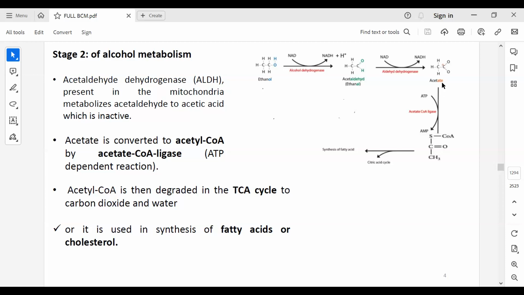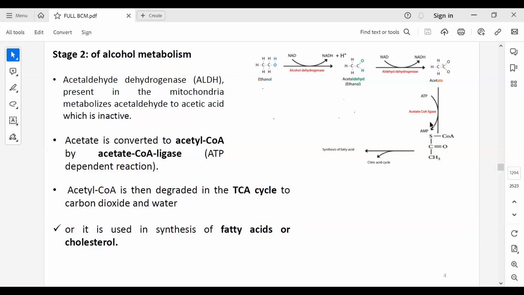Most of this acetic acid, or acetate, can also be converted. Acetate-CoA ligase can be used in an ATP-dependent process, whereby this acetyl-CoA can be degraded in the TCA cycle to give you carbon dioxide and water, or it can be used in the synthesis of fatty acids or cholesterol.